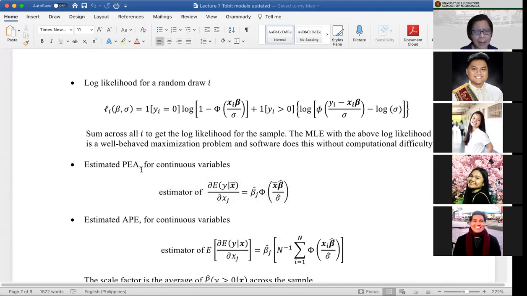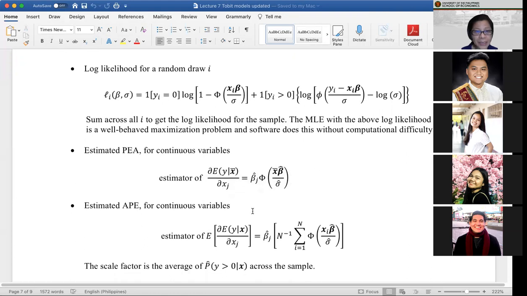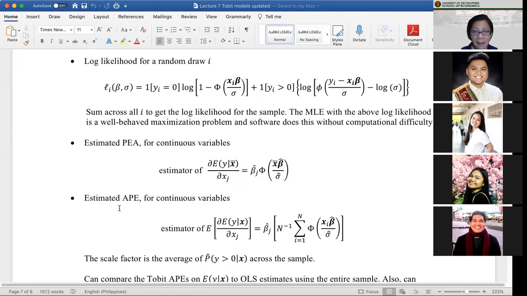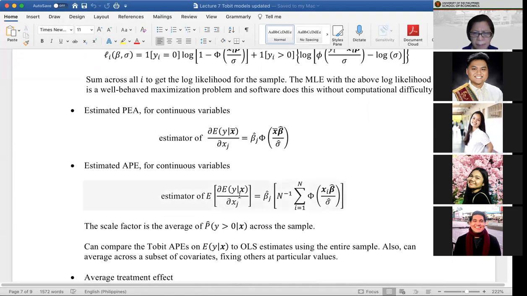As I mentioned before, we have the partial effect at the average and the average partial effect. Here this should have a subscript.